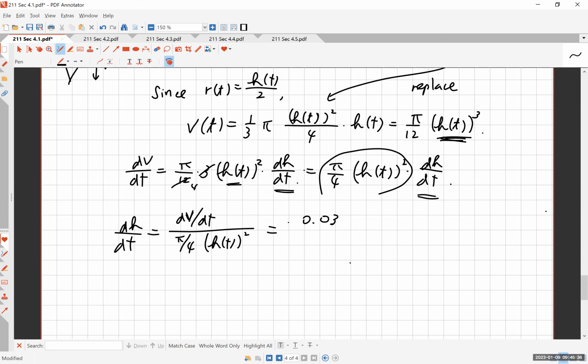But because the water is draining, let's just write this as negative 0.03 cubic feet per second, right? And then you divide this by pi over 4. Well, 4 is a denominator. Let's just multiply this by 4 on the top. The pi stays in the bottom. And h is squared. So this will just become negative 0.12 divided by pi times h squared.